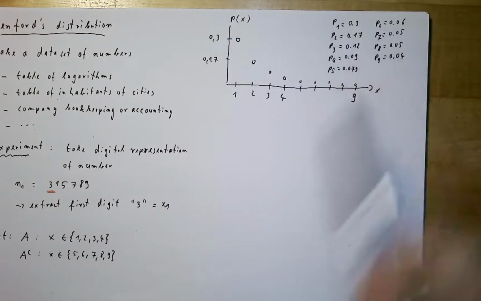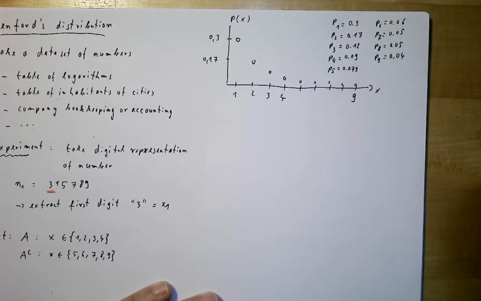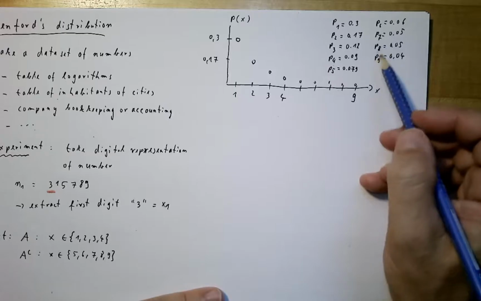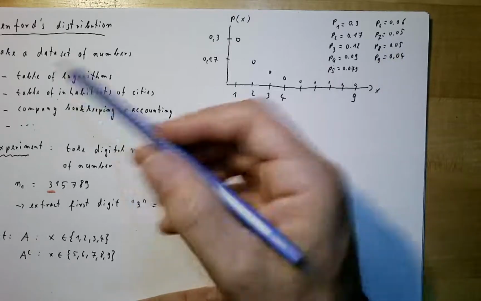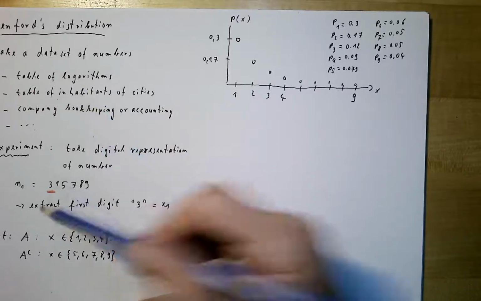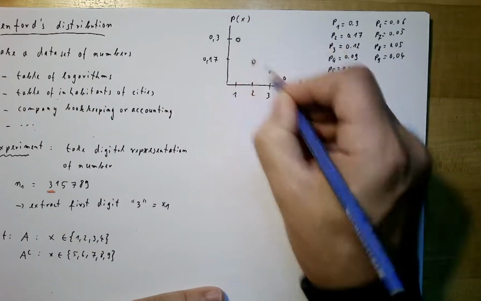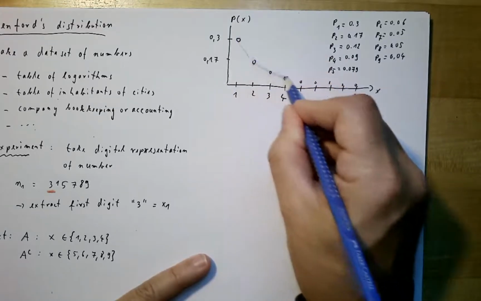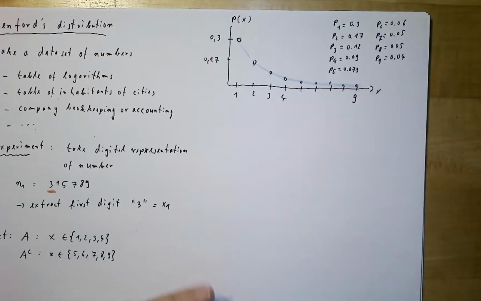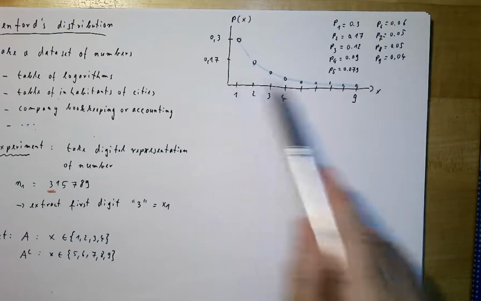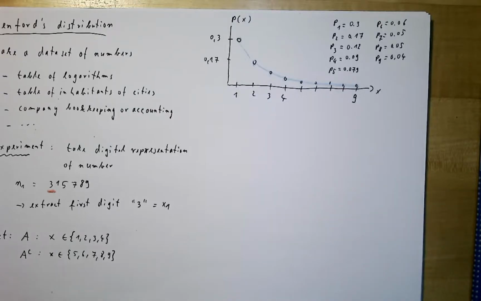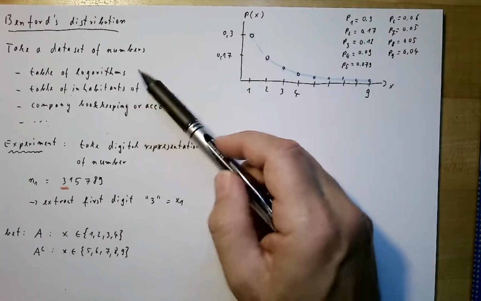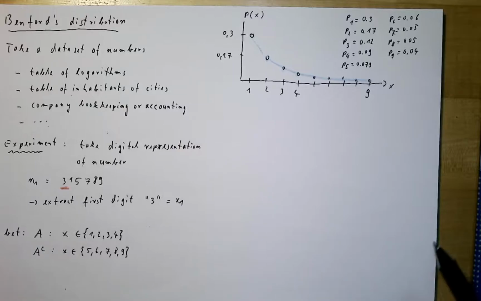Here I've written down these probabilities that you can well compute if you just take such a data set and run these experiments quite often. So we have a decaying distribution, and it's definitely not uniform. It's really interesting that this distribution is kind of universal and largely independent of what kind of data set you take.